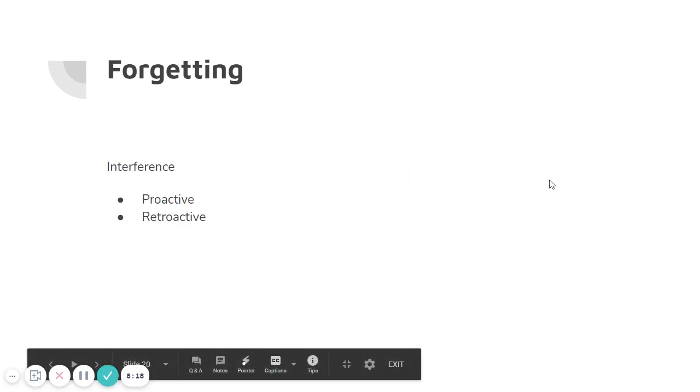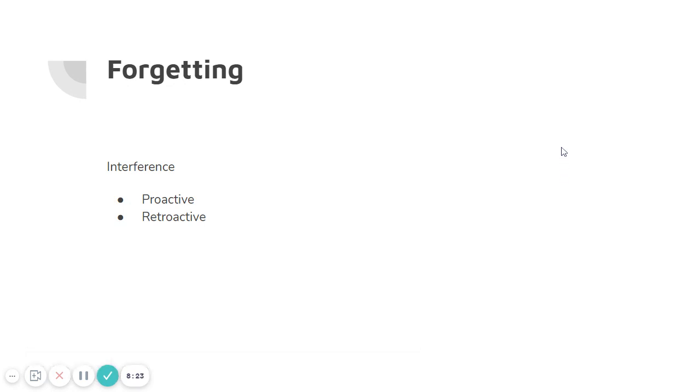Okay, now we come to interference. Interference is where you are trying to either store or retrieve information, but it is impaired by other information. It's like static. You're trying to remember something, but something gets in the way and you don't remember it the way you're supposed to. So you have proactive interference and retroactive interference.